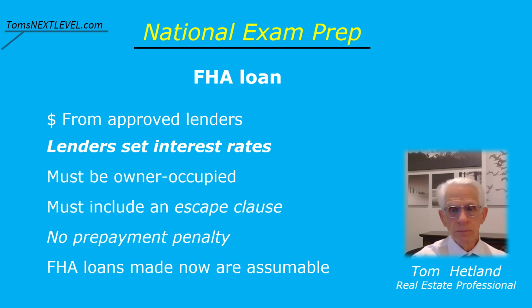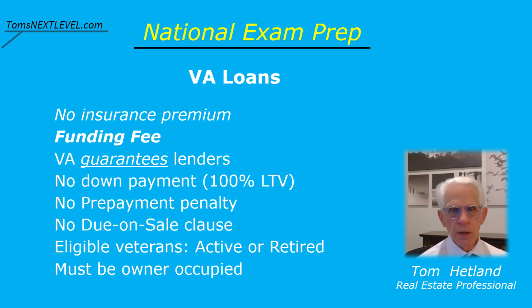Here's a great list of information of things that are true about VA loans. You'll need to know these just like the FHA loans for the test. Which of the following are true? First of all, there's no insurance premium, but the buyer does pay a funding fee. It's a terminology difference. They pay money, but on a VA loan, it's called a funding fee, not an insurance premium, because, item number 3, the VA doesn't insure the loans.